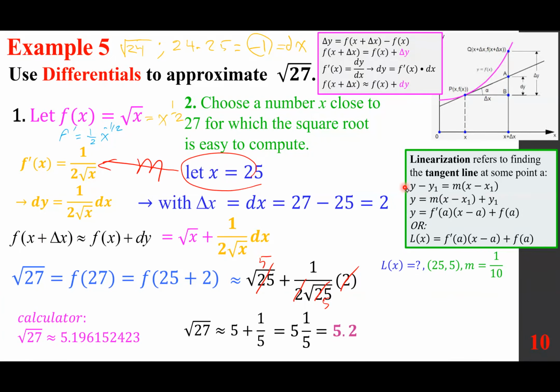I'm going to use the point slope. y minus y1, which is 5, equals m, 1 over 10, times x minus x sub 1, which is 25.